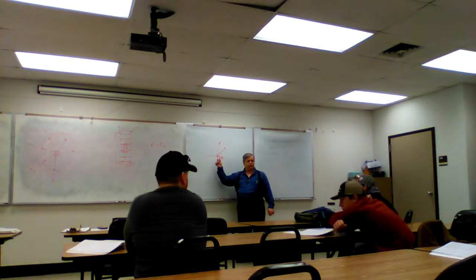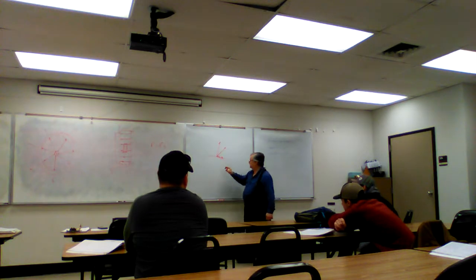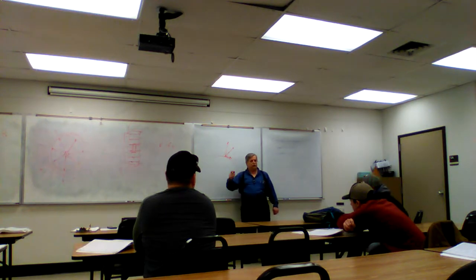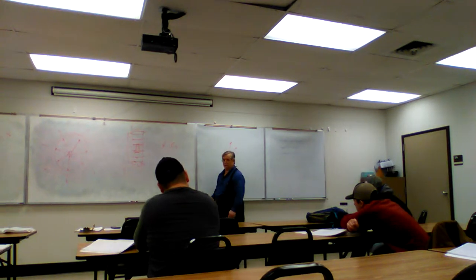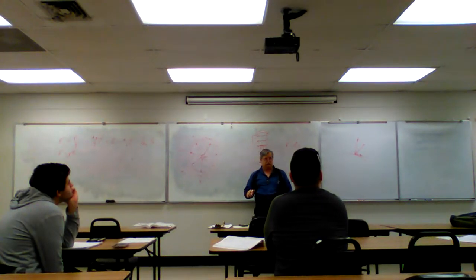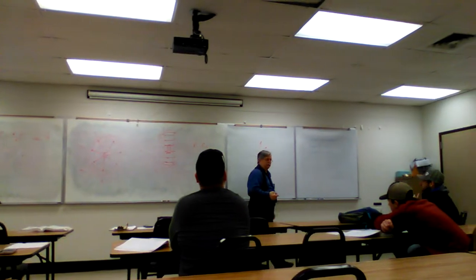If the E field emanates from a conductive surface at an angle other than normal, other than orthogonal, then it's going to have a tangential component that's going to produce motion, acceleration of the charges in the conductor, and they're going to move around and redistribute themselves until they stop moving.